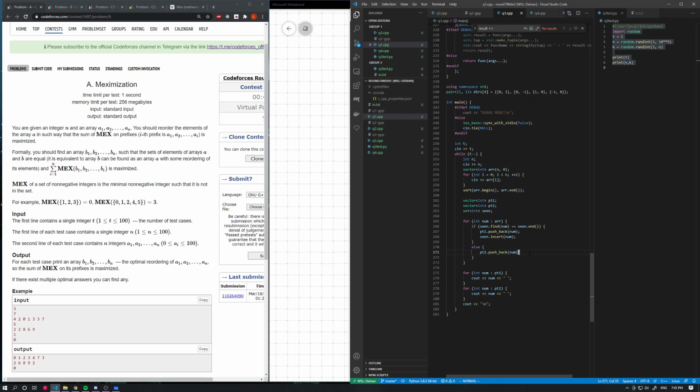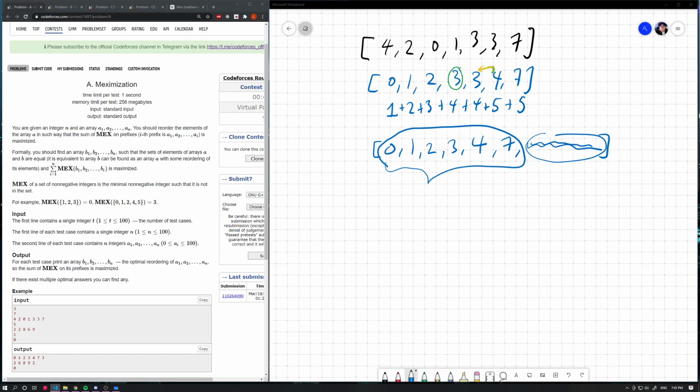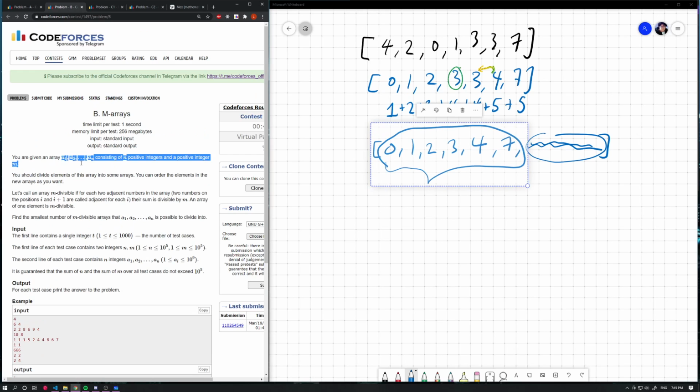If I have, I push it back to part 2, and then at the end I just print the numbers out in sequence. Cool. So let's go on to problem B.